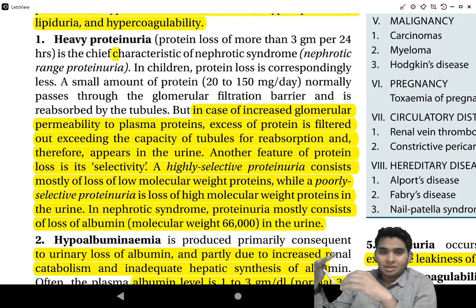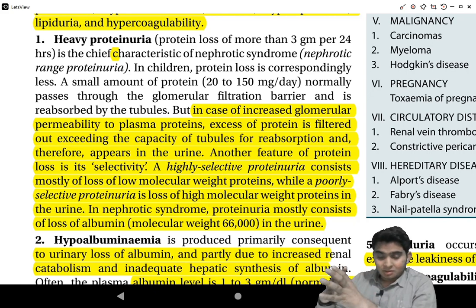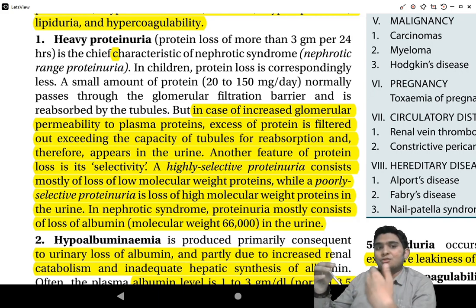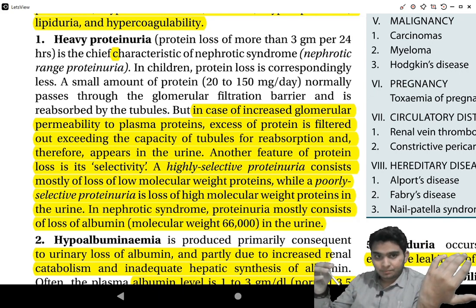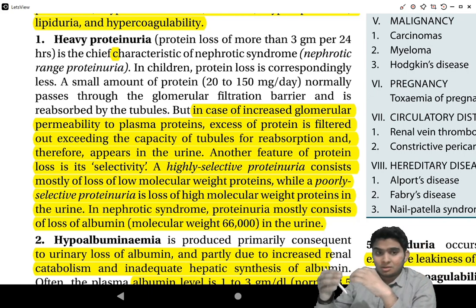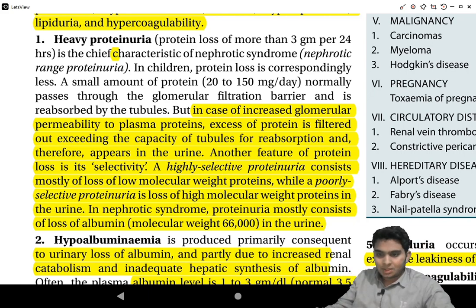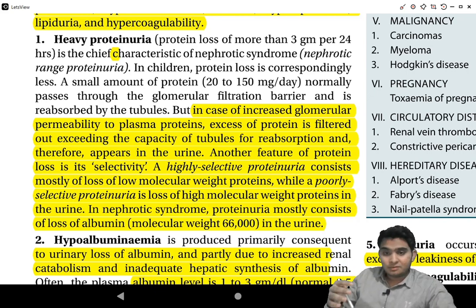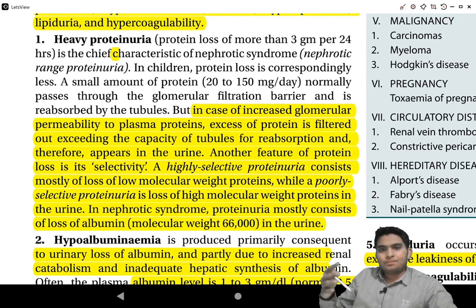But in nephrotic syndrome, excess protein is filtered, and the tubules are not able to reabsorb all the protein filtered from the glomerulus.